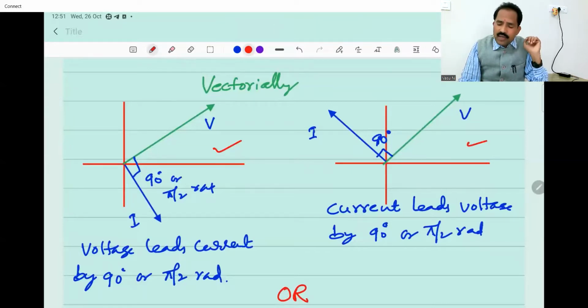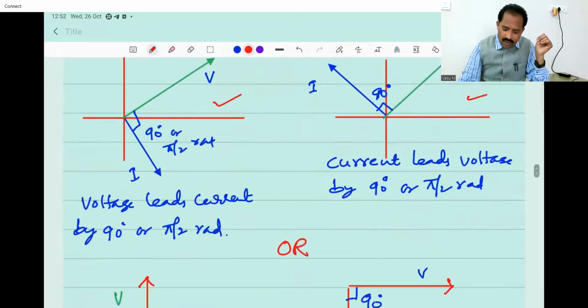Here I can say current leads voltage by 90 degree or pi by 2 radian, or voltage lags current. Why am I saying this? Because we must learn the vectorial representation of phase lead or phase lag. Okay?